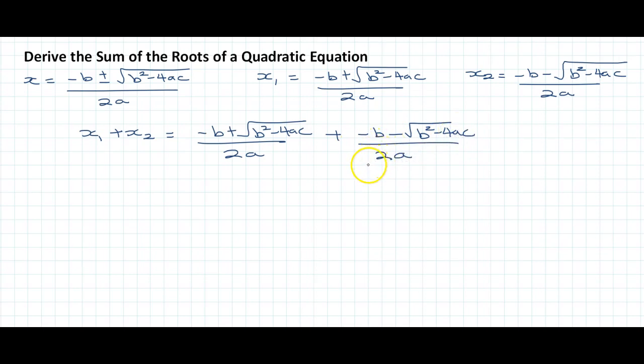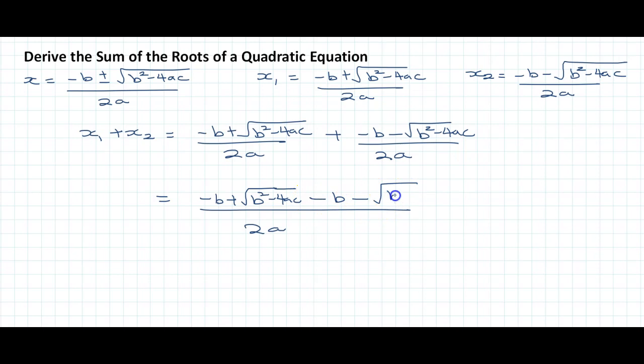So now we're going to add this together, and we have a common denominator of 2a. So we have negative b plus the square root of b squared minus 4ac, and then you have plus here, so minus b minus the square root of b squared minus 4ac.